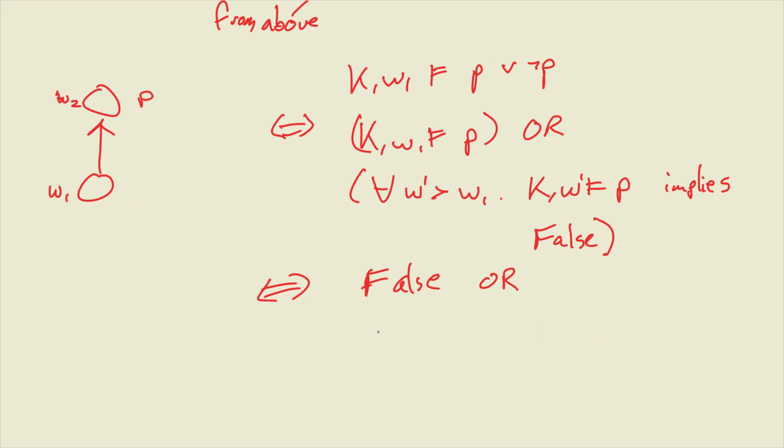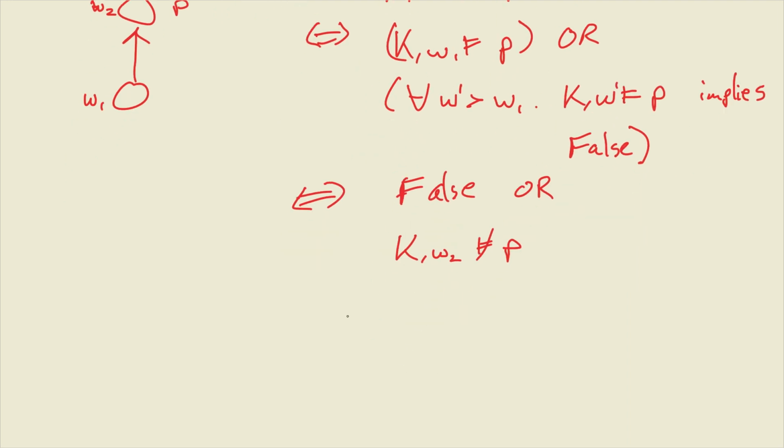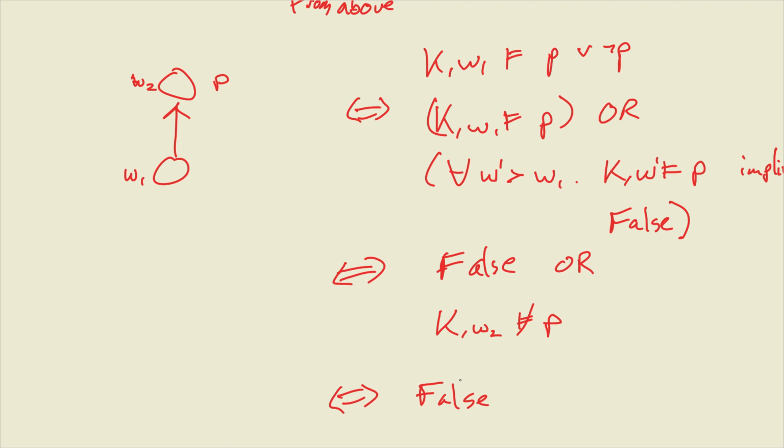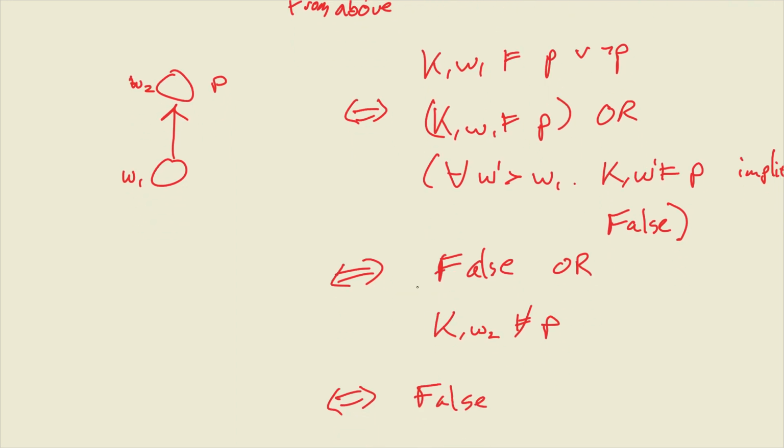That's true, that's good. But what about in world W2? At K, W2, we need P to be false, but it's not. So this whole thing is false. Okay, so there you go. That's an example of a counter model to P or not P, and that's an example of using the Kripke semantics.